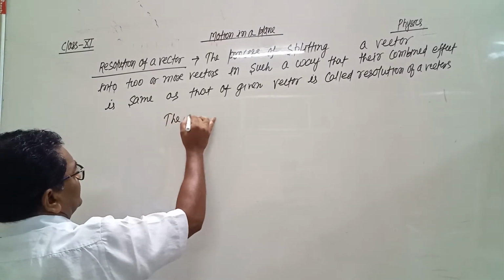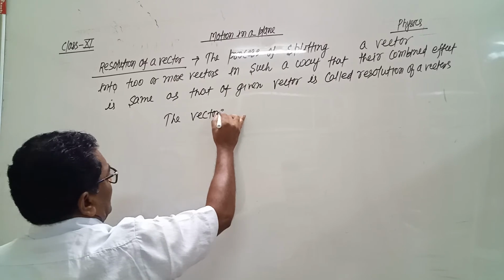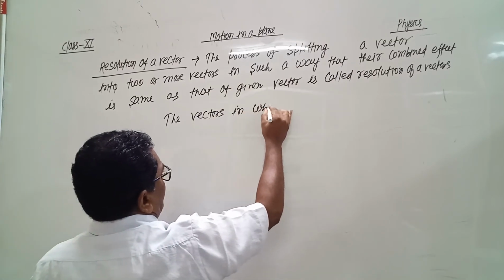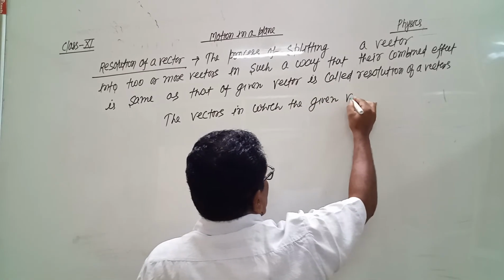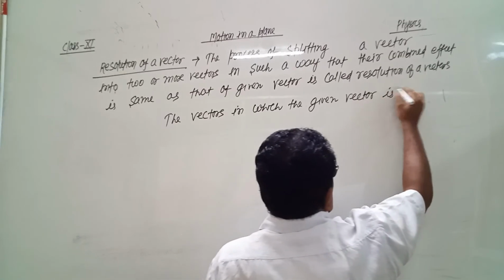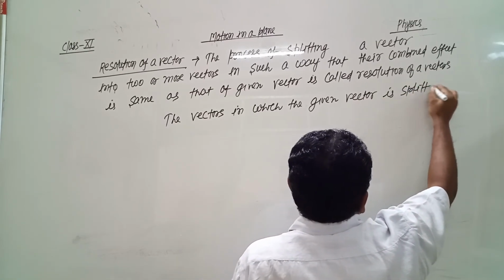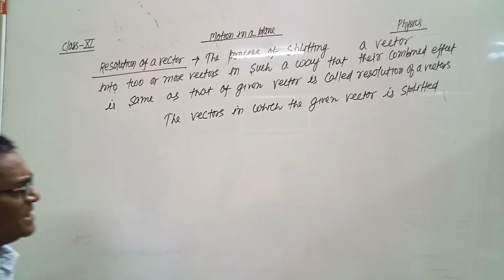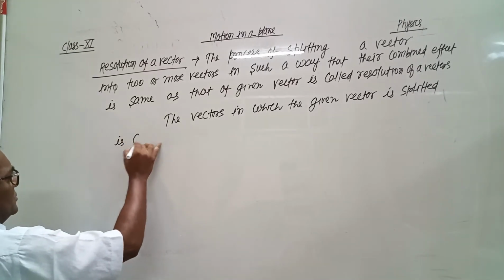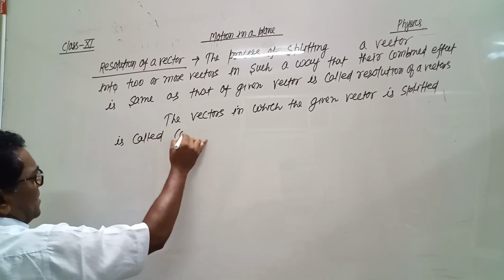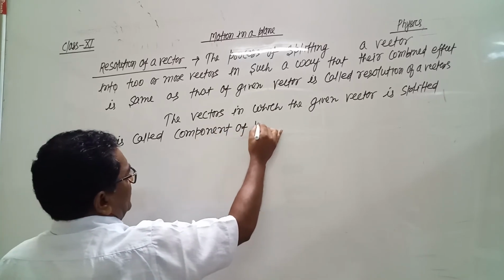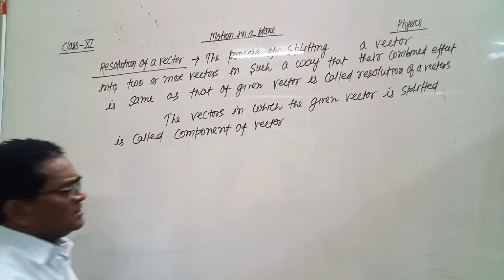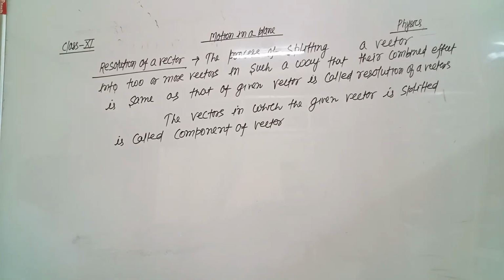The vectors into which the given vector is split are called components of a vector.